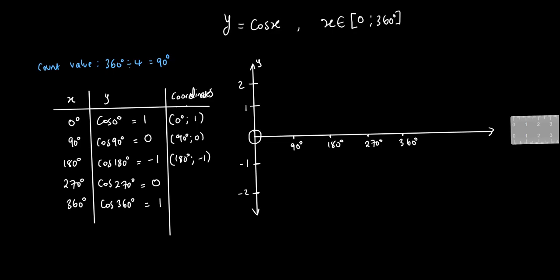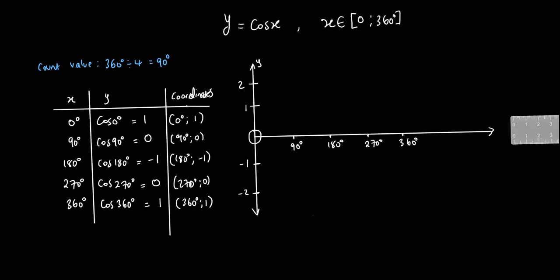So how do we sketch? So 0 and 1 means on x I must go to 0, and then the 1 means once I've reached 0, I must go up. So the point is here.